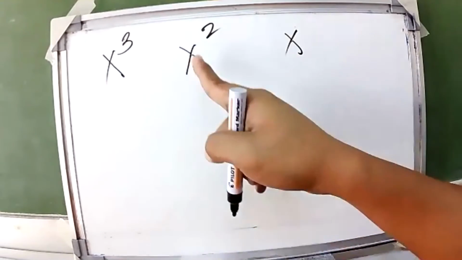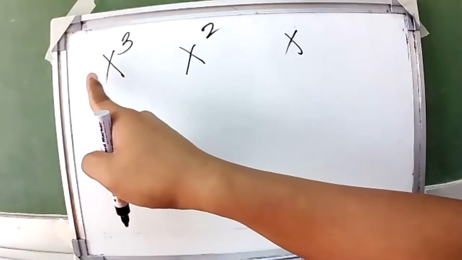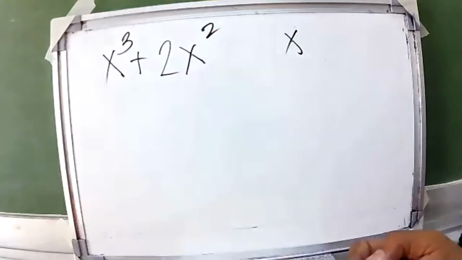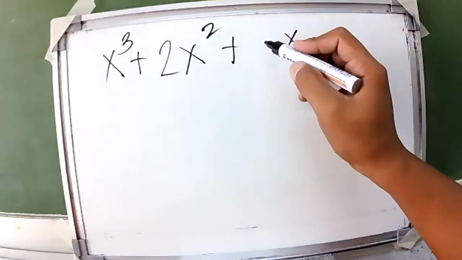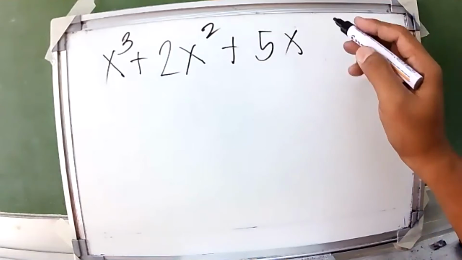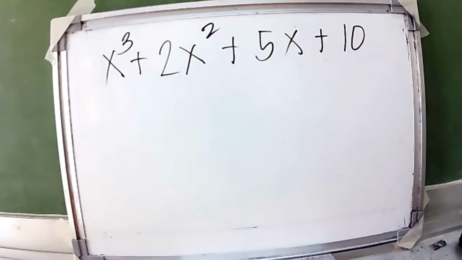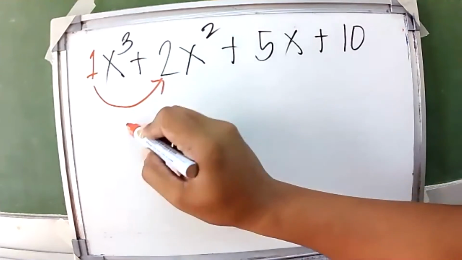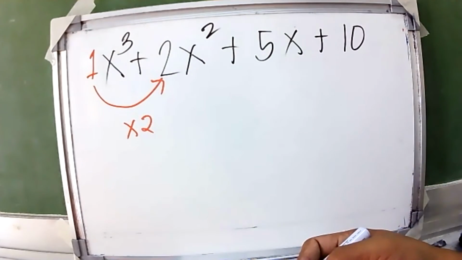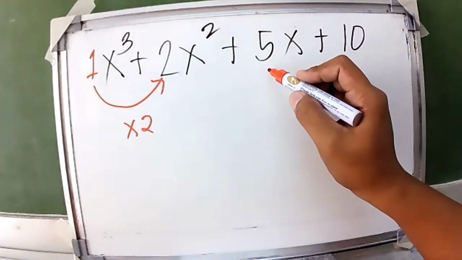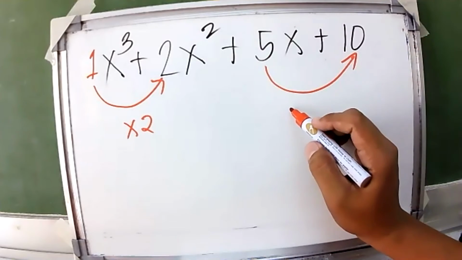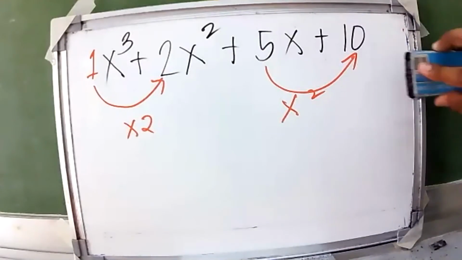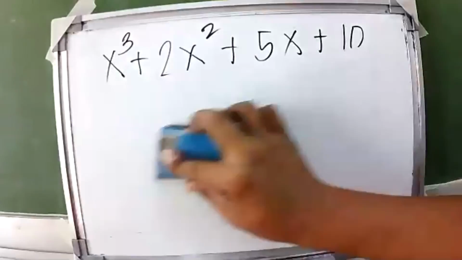For example, if you look at the coefficients, if this is x, and this is 2x squared, plus, if this is, for example, 5, then plus 10, do you see a pattern? From 1 to 2, you multiplied by 2. Okay? I'm just showing you the technique for the grouping. And then 5 to 10, what's the pattern? That's also times 2. If that's the case, we can do factoring by grouping in this problem. Okay?